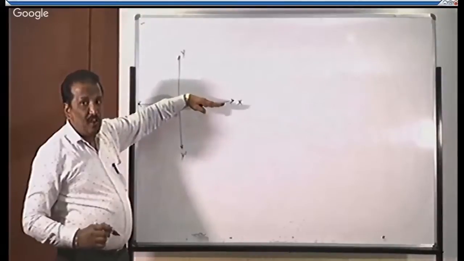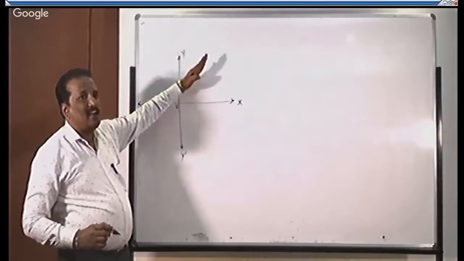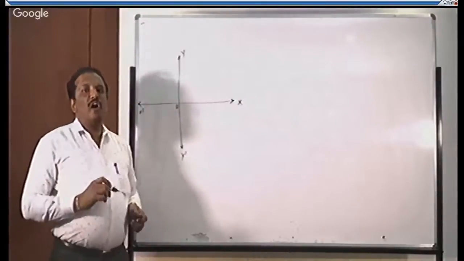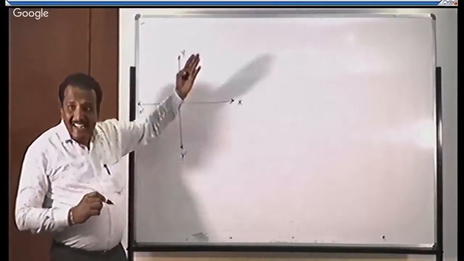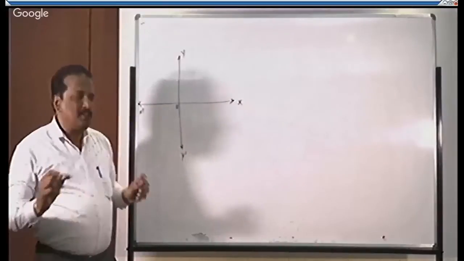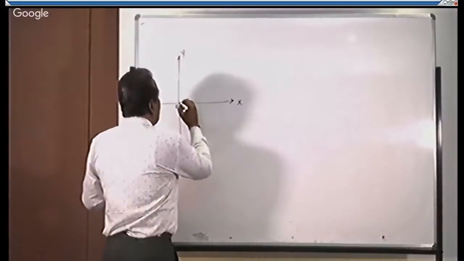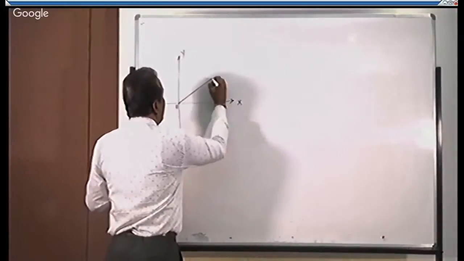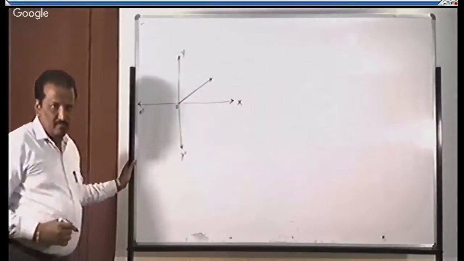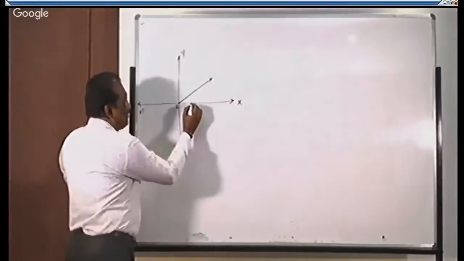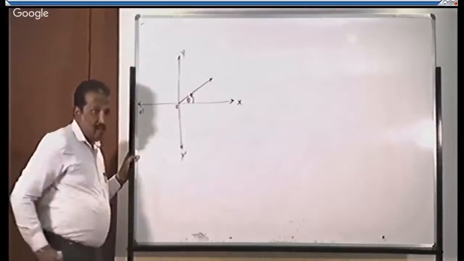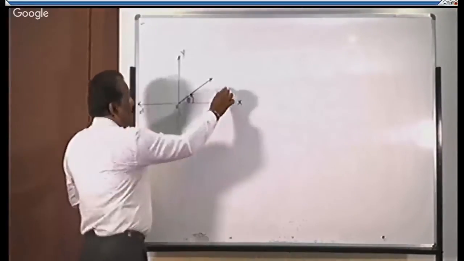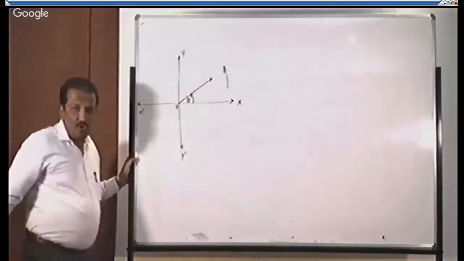If this revolving line rotates in the anti-clockwise direction, then according to our convention the generated angles are taken as positive. For example, after some time the revolving line occupies this position. The angle traveled by it is plus theta, because the revolving ray rotates in the anti-clockwise direction.